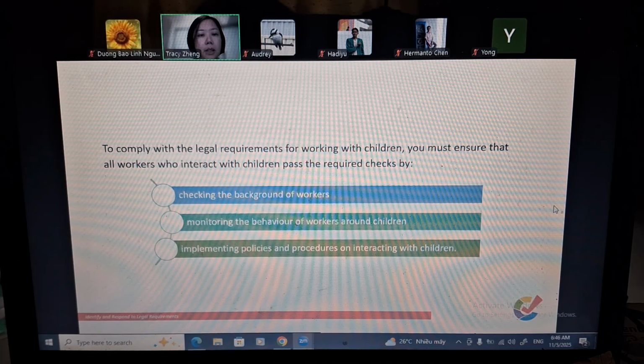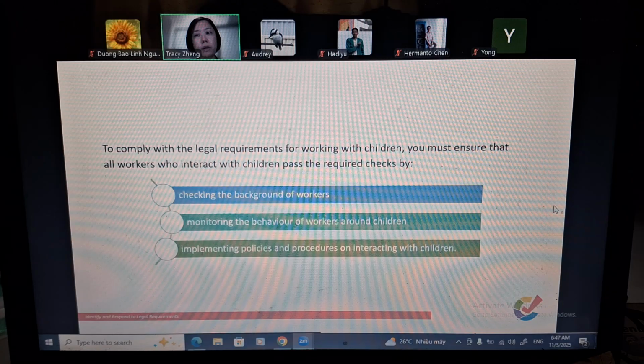And implementing the policy and procedure on interacting with the children, which we mentioned earlier, is more about what your organization needs to do: having a proper policy in place, and also training and educating the staff on what to do when there are children in the workplace.